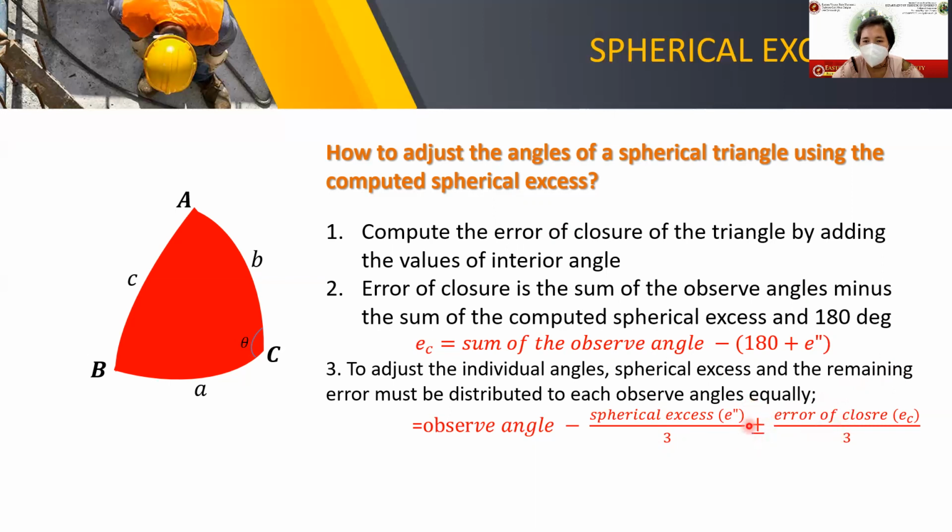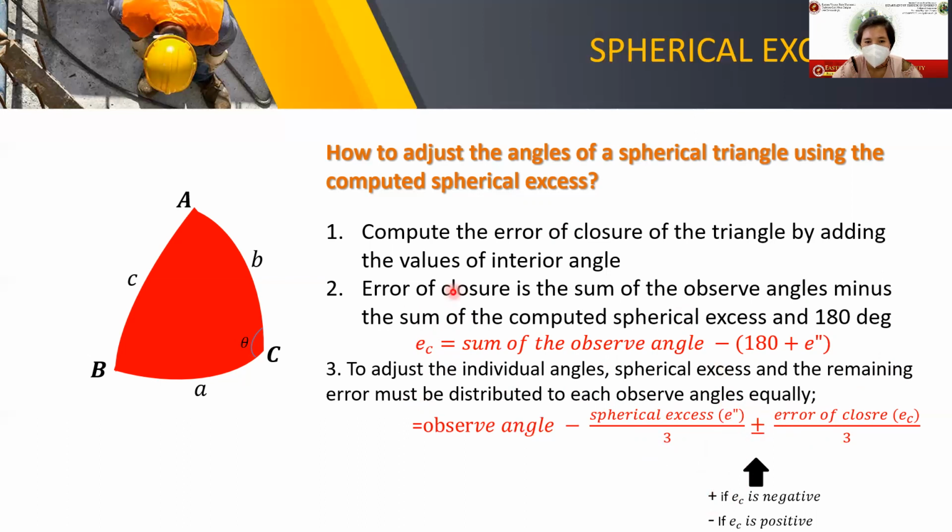So when are we going to use plus or minus? If the error of closure is negative, meaning the spherical triangle falls short, then you add. If positive, you subtract.